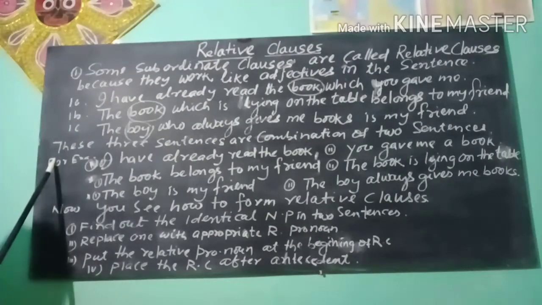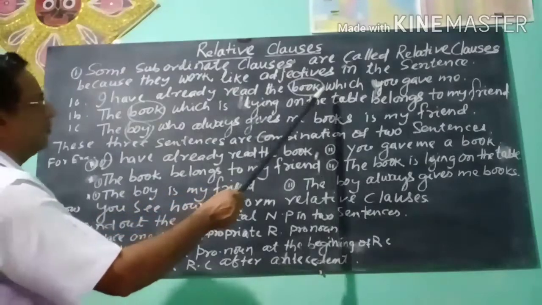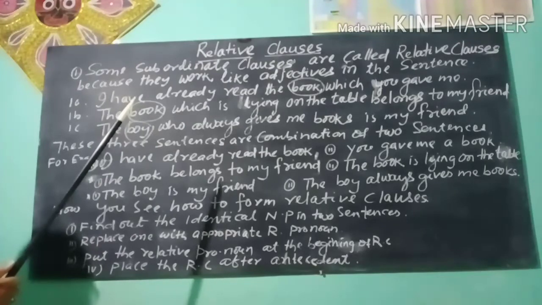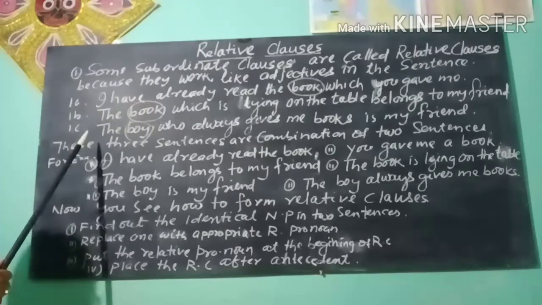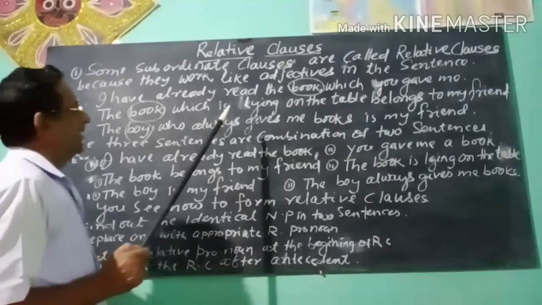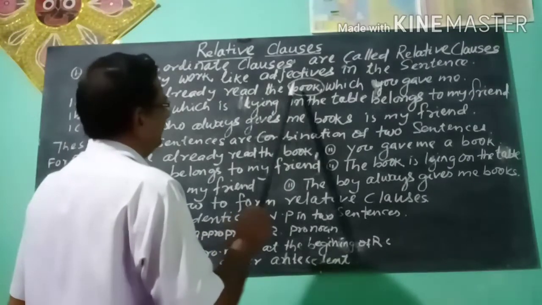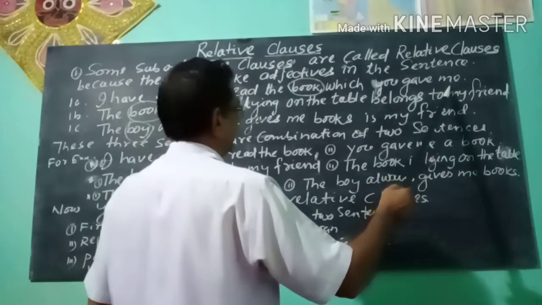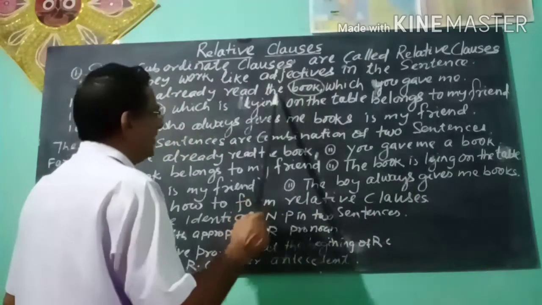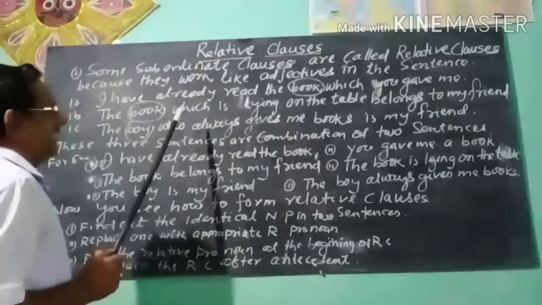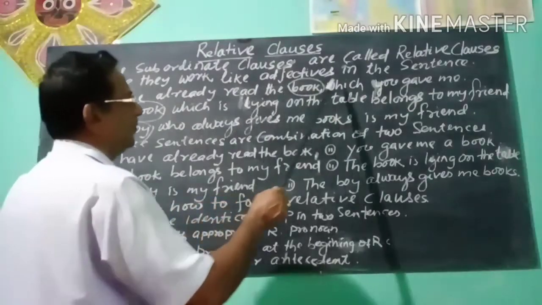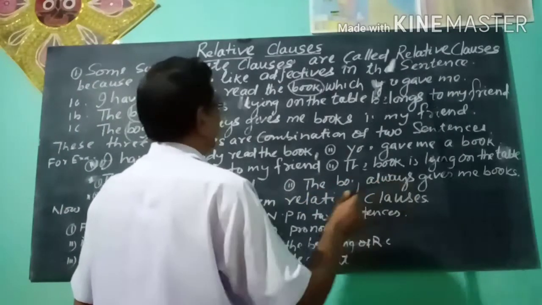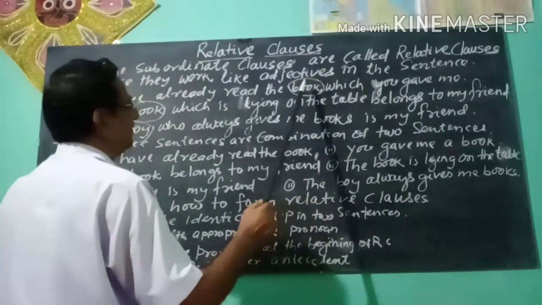For example, I have already read the book which you gave me. In this sentence, "I have already read the book" is the main clause, and "which you gave me" is the adjective clause or relative clause. Book is the noun, and "which you gave me," the relative clause, describes the book.